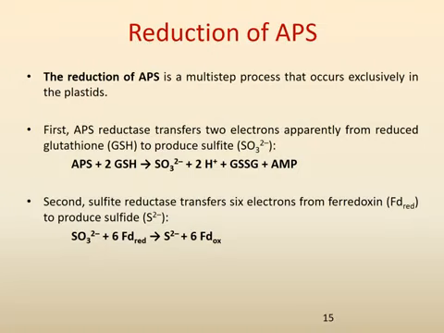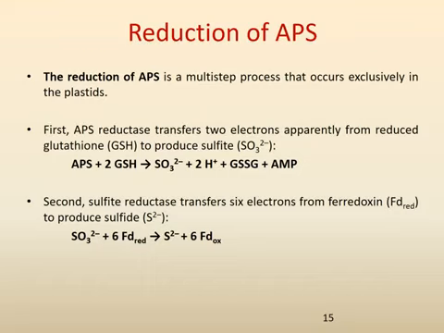APS plus 2 molecules of glutathione in reduced form give rise to 1 molecule of sulfite plus 2 H+ plus 1 molecule of glutathione in oxidized form plus 1 molecule of AMP, where GSSG stands for oxidized glutathione and GSH represents reduced glutathione. The SH in GSH and the SS in GSSG stand for sulfur-hydrogen and sulfur-sulfur bonds respectively.